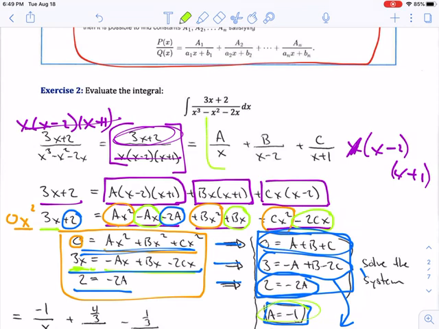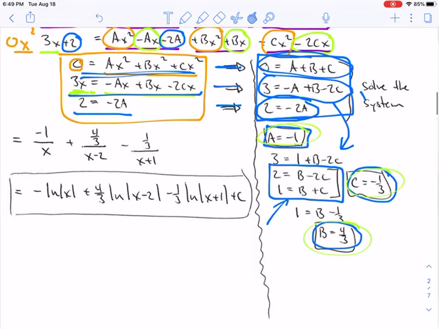This meaning we go back to this, and we substitute in the a, b, and the c. Substituting in the a, b, and the c, we end up with this. All right? So all of that work, all of that algebra was just to get the a, b, and c coefficients. From here, it's pretty easy.